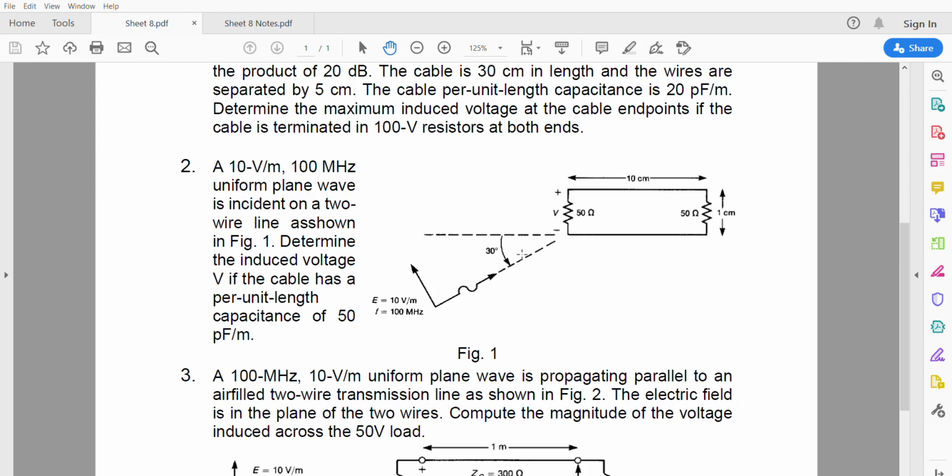It is given the capacitance is equal to 50 picofarad per meter, while there is a 30-degree angle between the incident electric field and the transmission line. So all you need to do is resolve this component of the electric field by cosine 30 in order to get the value of the electric field incident to this transmission line.